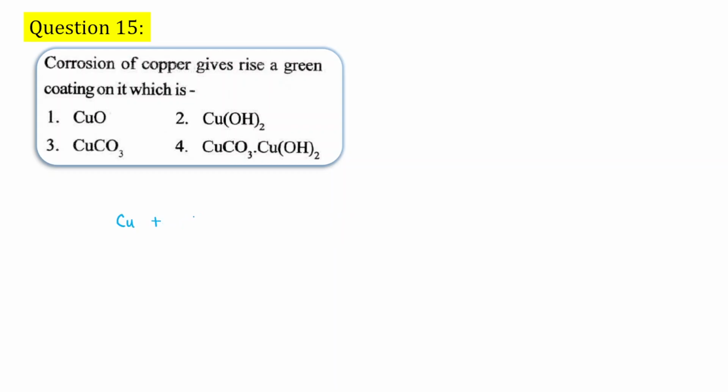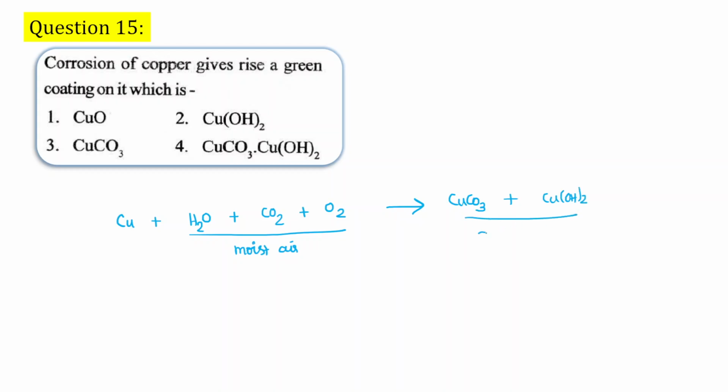When raw copper is treated with moist air, which contains water, carbon dioxide, and oxygen, this is what we call moist air. This will in turn convert into carbonate and hydroxide. So this is responsible for the green coating. Generally, a green coating will be formed, whereas for iron there will be a brown coating.